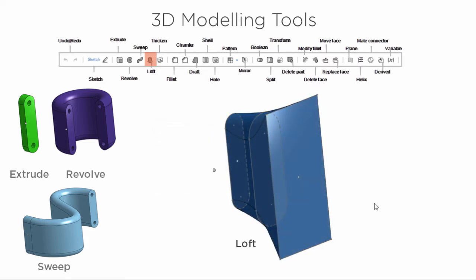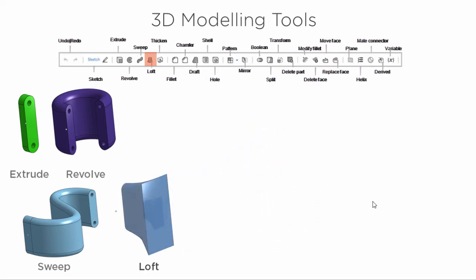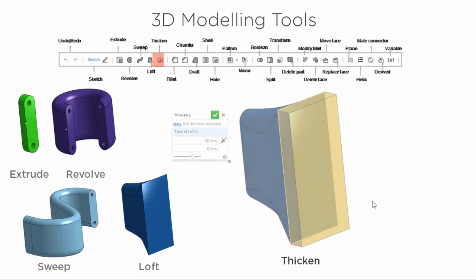When CAD designers talk about lofting, they create complex, irregular surfaces or parts such as the hull of a ship or the aerodynamic shape of an automobile. Lofting is an advanced topic for a later module. The next tool in the toolbar is the thicken tool that allows you to add or remove material using a face or surface of an existing part.